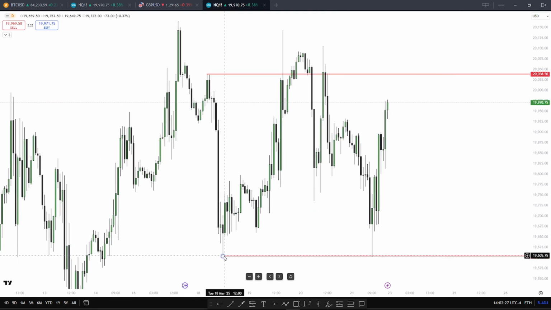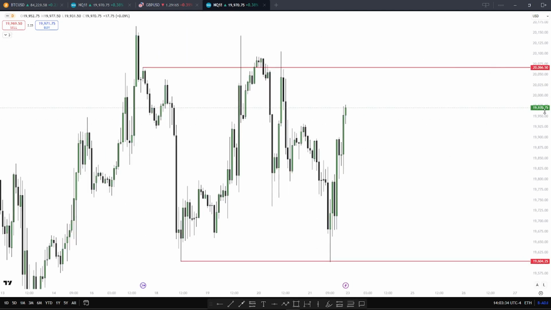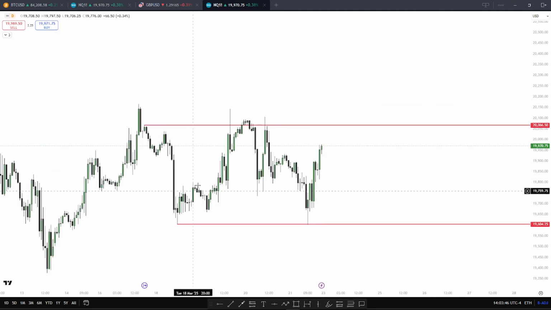Now, this swing low to this high, or you could have used this high, either one works, it doesn't really matter. This right here is our range. What we're paying attention to is our range high and range low. Everything in between doesn't really matter until one of these has been taken out.